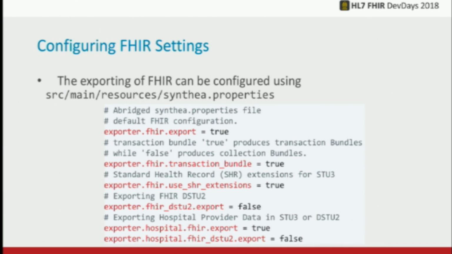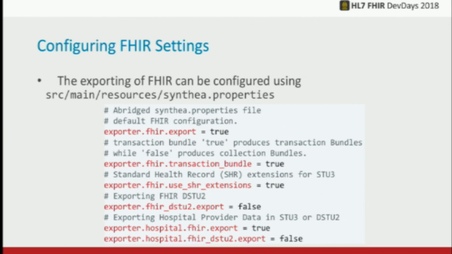Transactions are meant for you to post as a transaction to a server, and a collection is not. So by default, it produces transaction bundles. We have some profiles that we add because we produce driver's licenses and social security numbers and passports and identifiers and all this sort of extra information that isn't by default in FHIR.